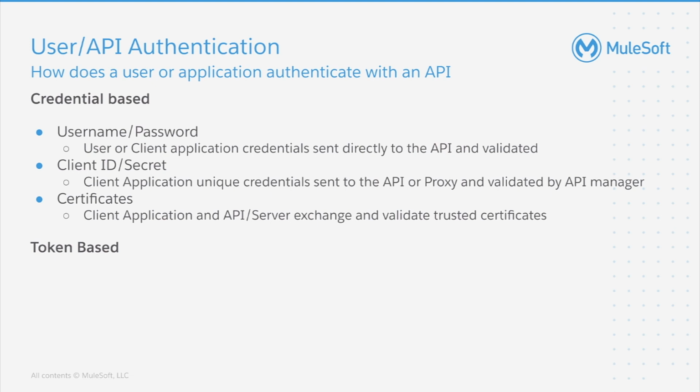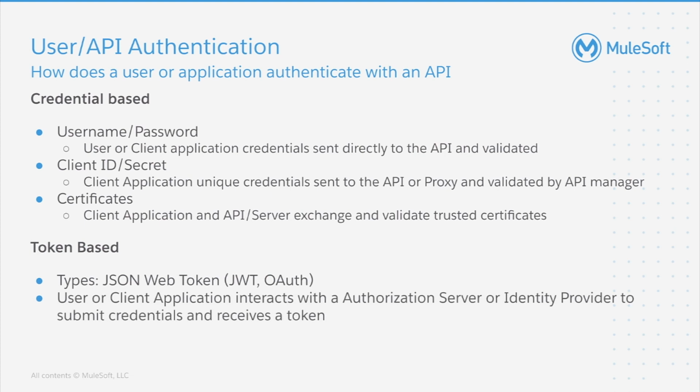Token-based authentication leverages a separate authorization server or identity provider, and the client app or user interacts directly with this initially. JWT tokens or opaque tokens are issued with a short time to live and can be revoked without changing the client credentials. The credentials are exchanged directly with the identity provider and not with the API implementation.